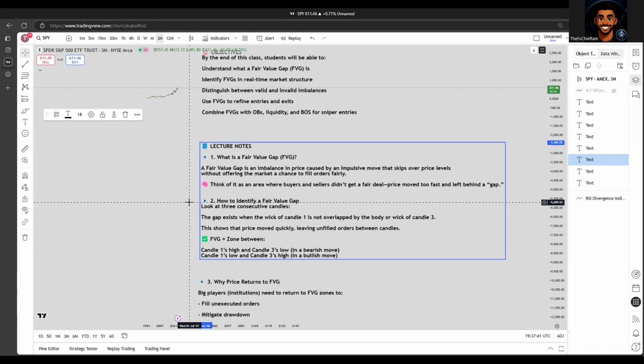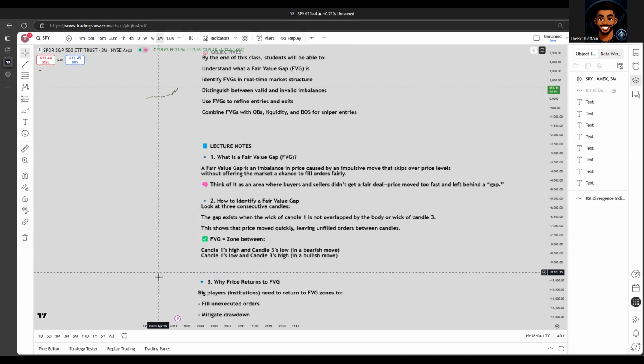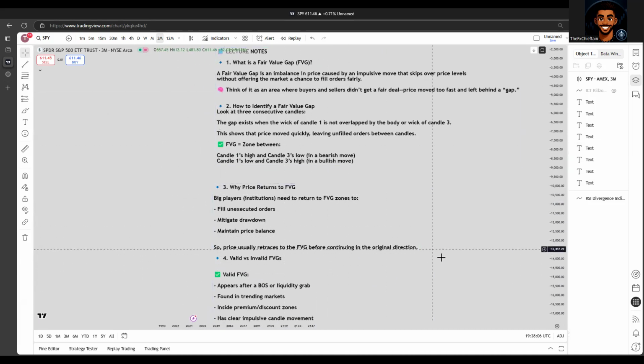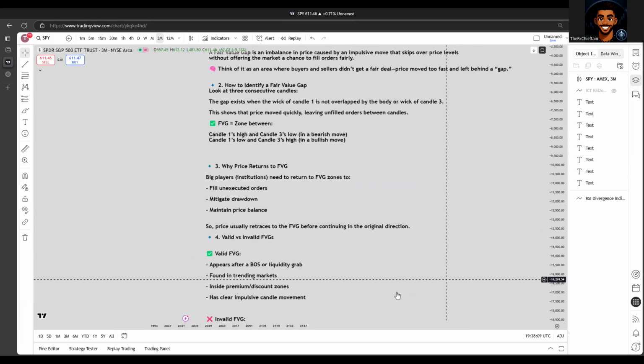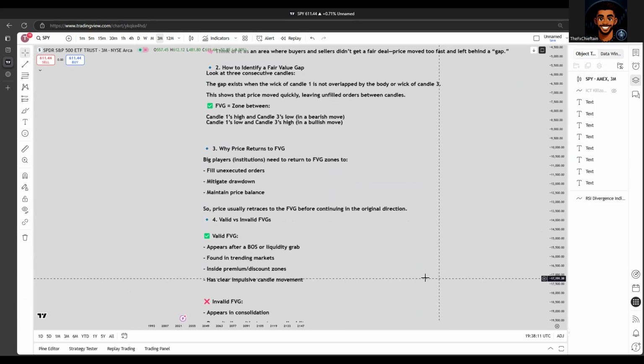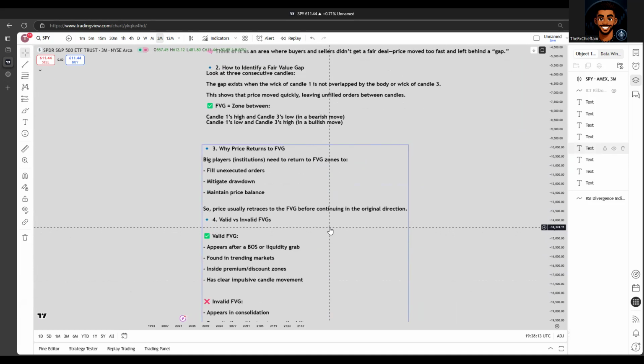This shows that price moved quickly, leaving unfilled orders between those candles. The fair value gap equals the zone between candle one's high and candle three's low in a bearish movement, while in a bullish movement it is between candle one's low and candle three's high. This is something I've talked about severally. We've done this. I have notes and videos on this. I'm still going to share that with you because it's a different concept compared to this one.